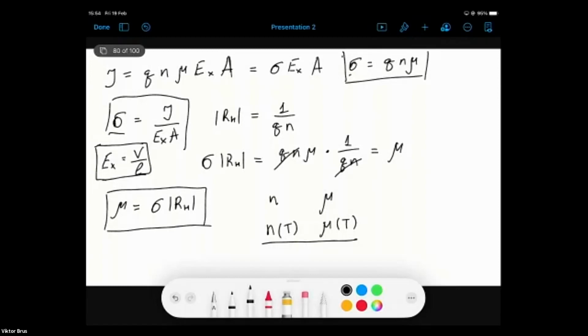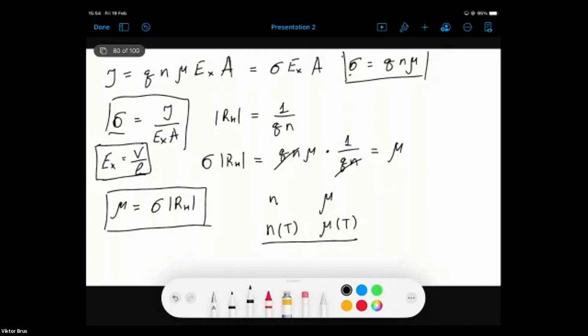So if we have an intrinsic semiconductor, meaning not doped, then we can have both simultaneously, negatively and positively charged carriers, meaning electrons and holes, and both of them will contribute noticeably in carrying the electric current flowing through this material.